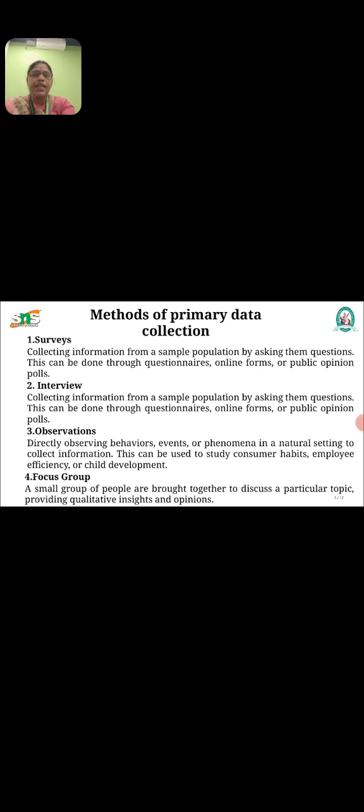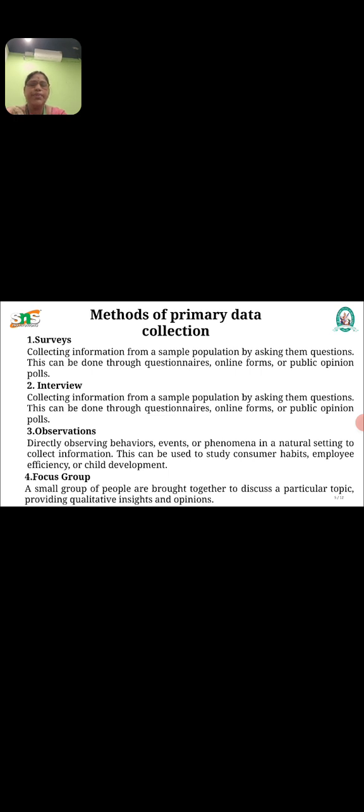Next, interview is collecting information from a sample population by asking them questions. Observation is directly observing behaviors, events, or phenomena in a natural setting to collect information. This can be used to study consumer habits, employee efficiency, or child development, and so on.